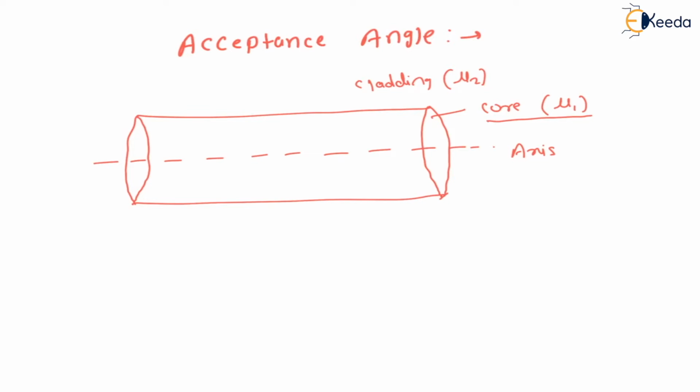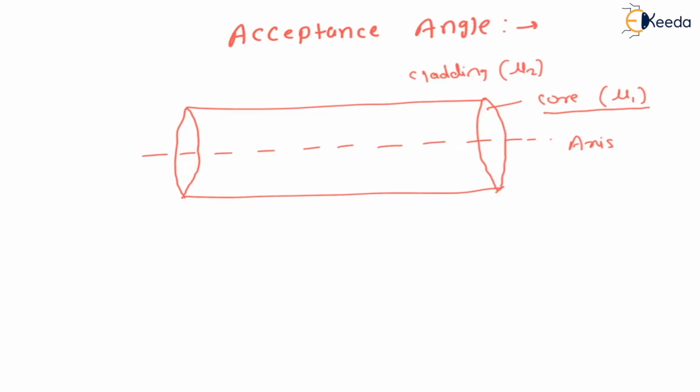Now see here, consider two light rays like this. Suppose this one is the first one which hits the core axis over here, and as light is coming from a rarer medium towards a denser medium, this light will bend towards the normal.